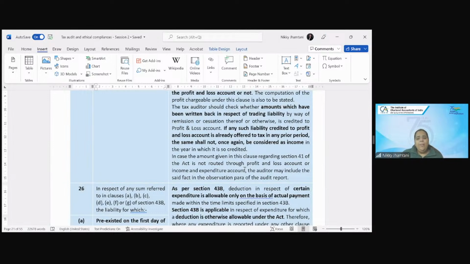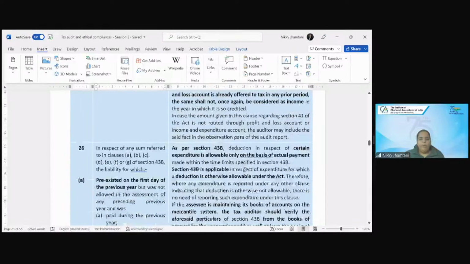If any liability credited to P&L is already offered to tax in any prior period, the same shall not once again be considered as income in the year in which it is so credited. In case the amount given in this clause regarding 41 is not routed through P&L or income and expenditure account, the auditor may include the said fact in the observation para of the audit report.